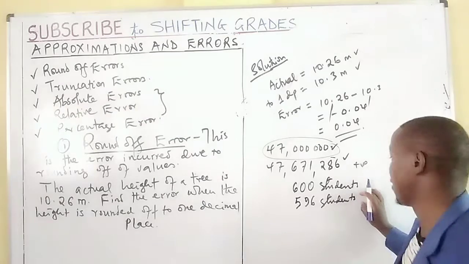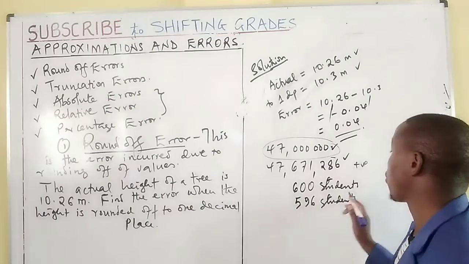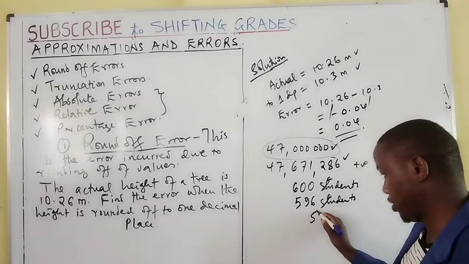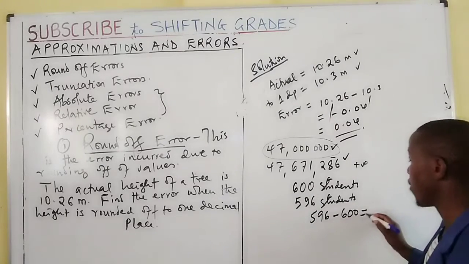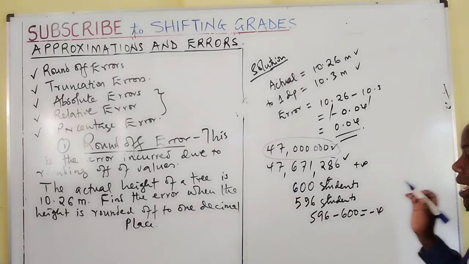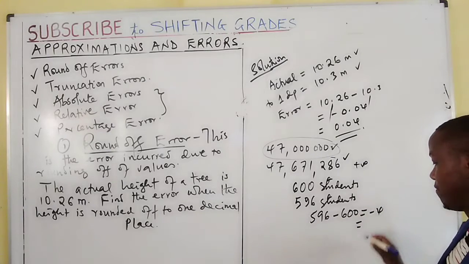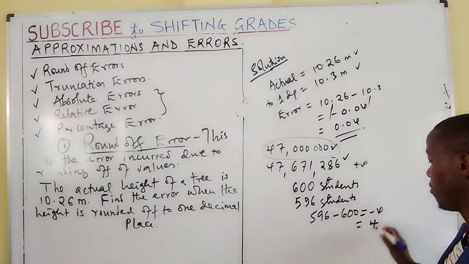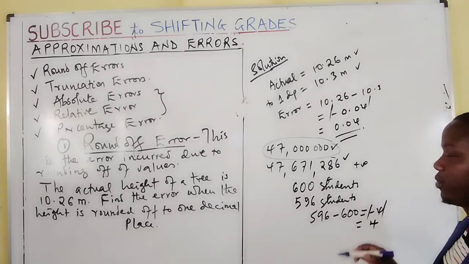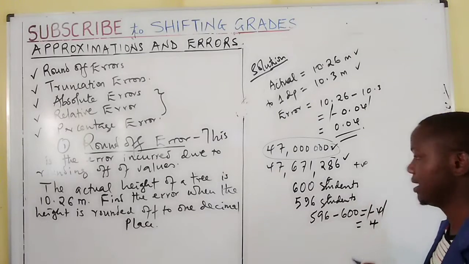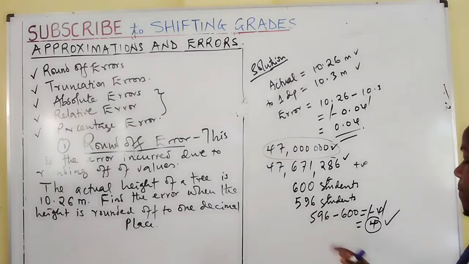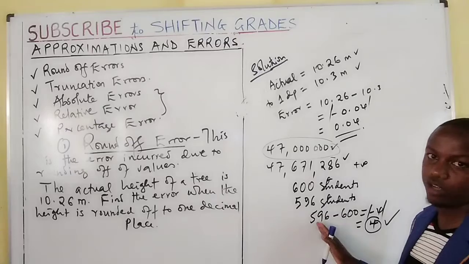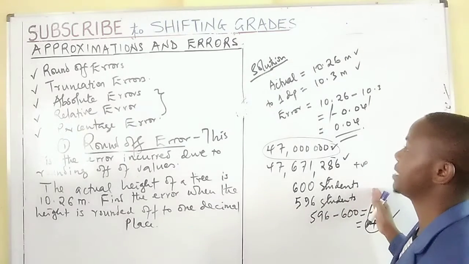When we take the real number of students minus the approximated value, we will get negative 4. So my error, I will not write it as negative 4. I got an error of 4. So we just take the absolute value, even if sometimes it's negative. We just extract the absolute value between the actual value and the estimated value.